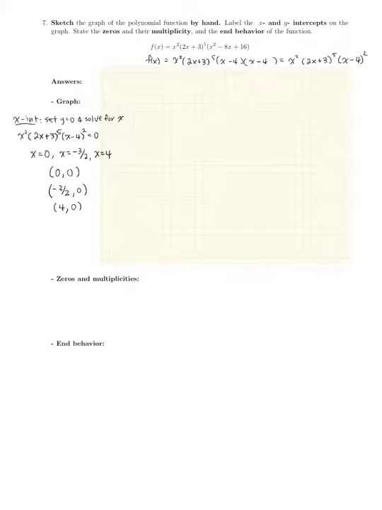Okay, so for the y-intercept, you're going to have to set x equals to 0 and solve for y. If I do that, then you're going to get y equals 0 squared, (2 times 0 plus 3) to the 5th, and then (0 minus 4) squared.